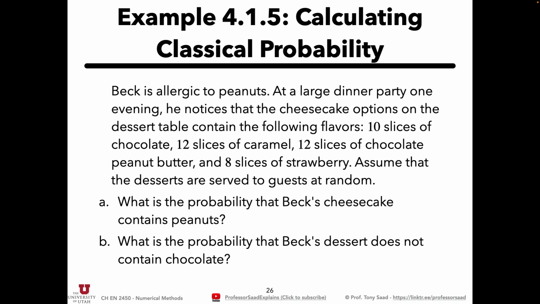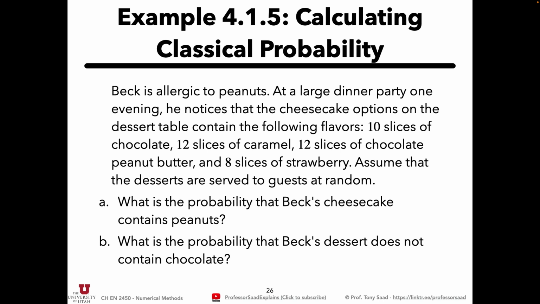That's your entire sample space. All of the cheesecakes and their flavors. So what's the total here? We got 10, 12, 12, 34, and then 8, 42. So we have 42 total slices of cheesecake.